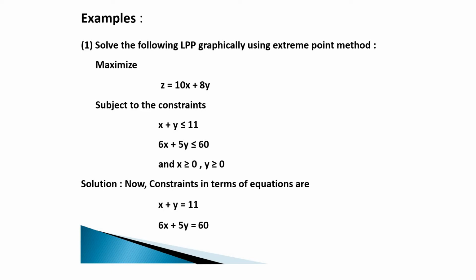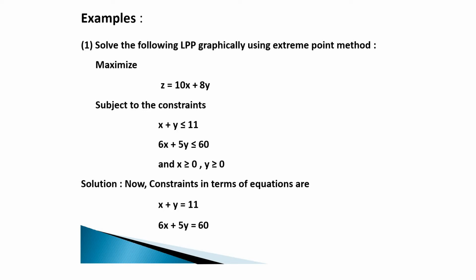First problem is: maximize z equal to 10x plus 8y subject to the constraints x plus y less than or equal to 11, 6x plus 5y less than or equal to 60, and x and y are non-negative. Solution.